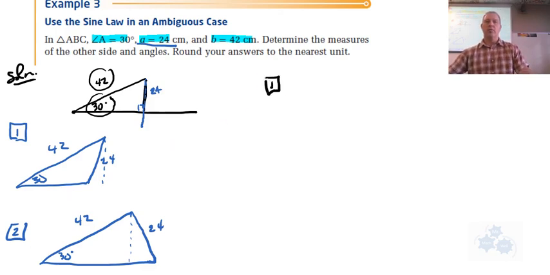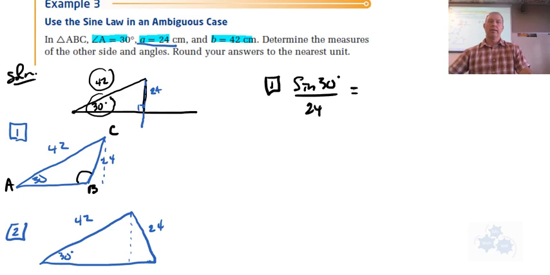So for triangle number 1, let's try and find, let's see, this was A, right? This is angle B, this is angle C. So what do you want to find first? Well, let's find angle B first, because we have sine of 30 over 24 equals sine of B over what? 42.